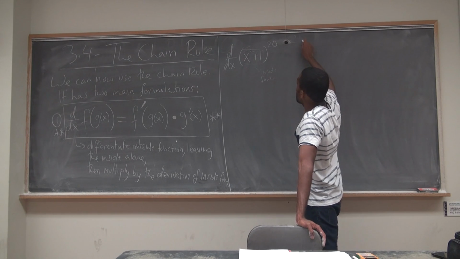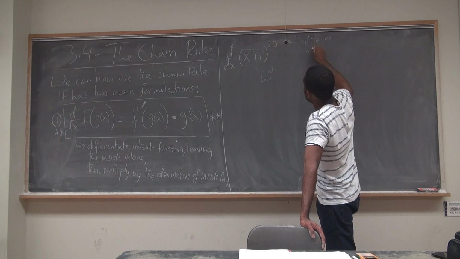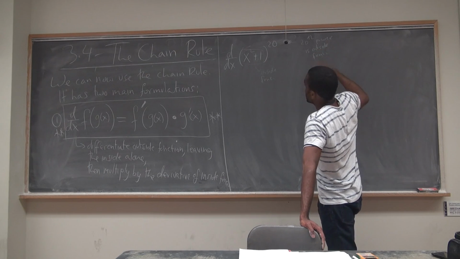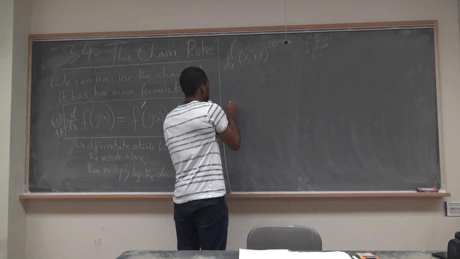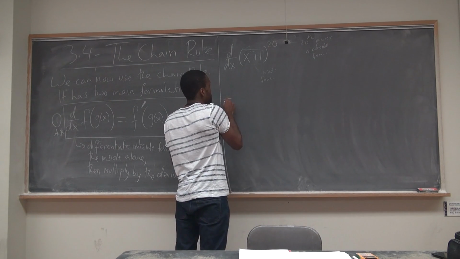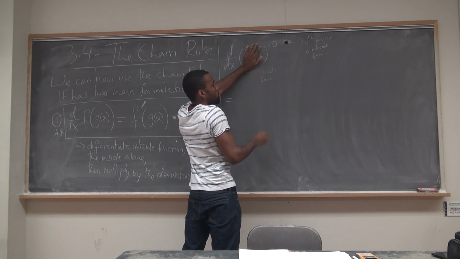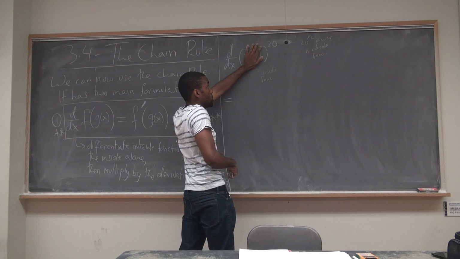This here, the 20th power, is the outside function. Yes, this is a power function, which we know how to use the power rule on. So what this means is that you pretend the inside is just one variable, you leave it alone, and you differentiate what's going on outside around it.